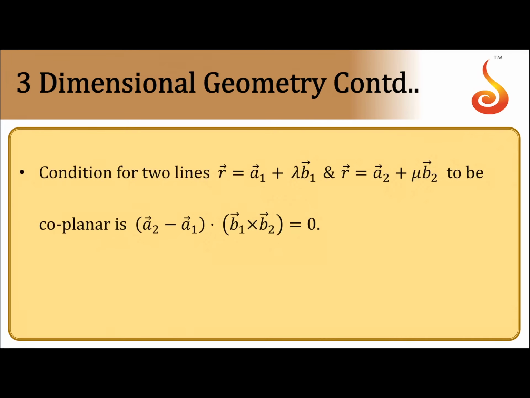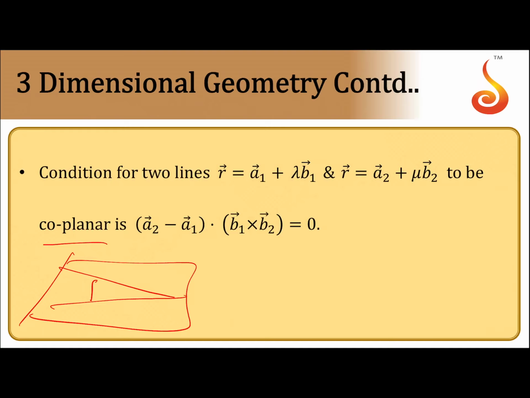Coming to the next one, the condition for two lines to be coplanar. When can you say two lines are coplanar? Two lines lying on the same plane, or they intersect at one point, such lines are said to be coplanar. The condition is that the shortest distance between the two skew lines is equal to 0.